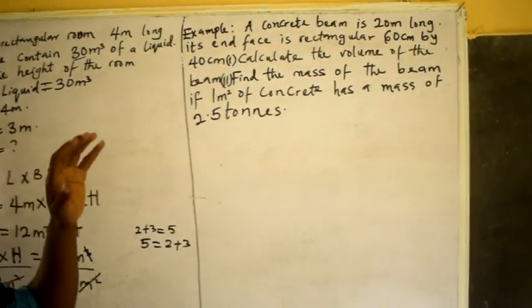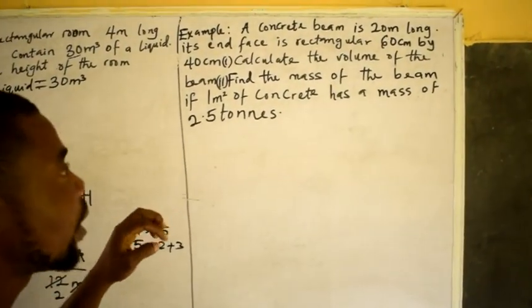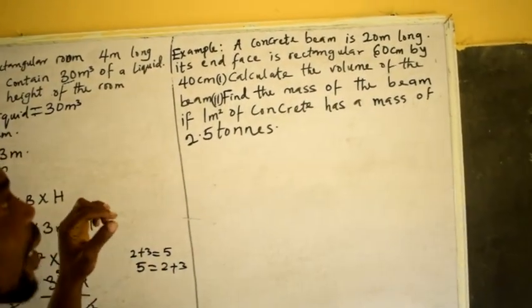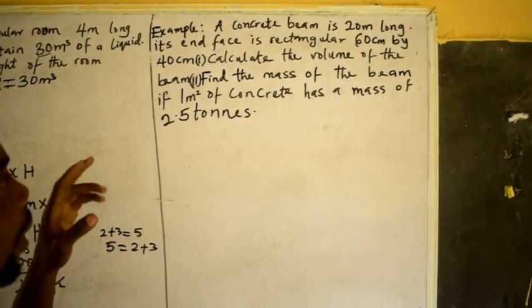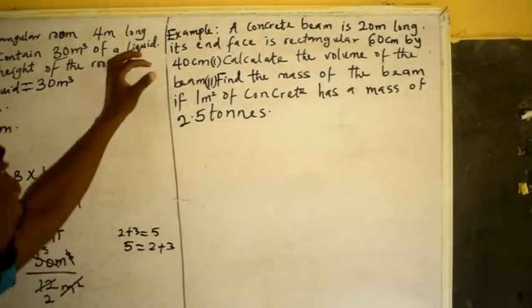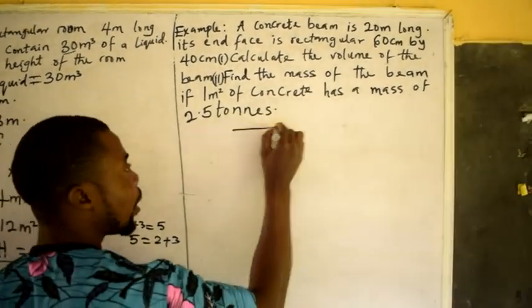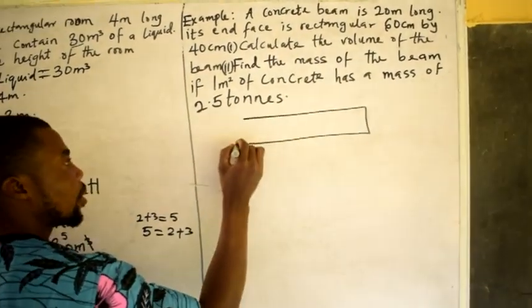Example: a concrete beam is 20 meters long and its end is rectangular, 60 by 40 centimeters. This is how a beam looks like.